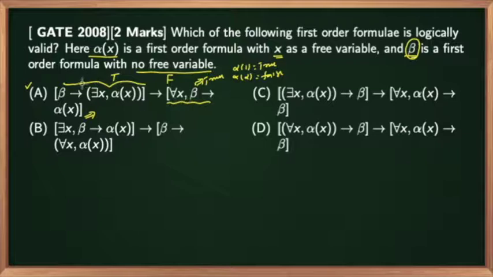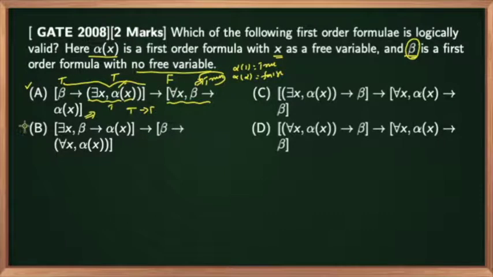Now if you see the left hand side, beta is already, we took it as true, right? This side is true. So this also should be true, right? So if you see our assignments, there exists an alpha of x. I took alpha of 1 is equal to true. So this is also going to evaluate as true. So we have true implies false, right? So that means A is not valid.